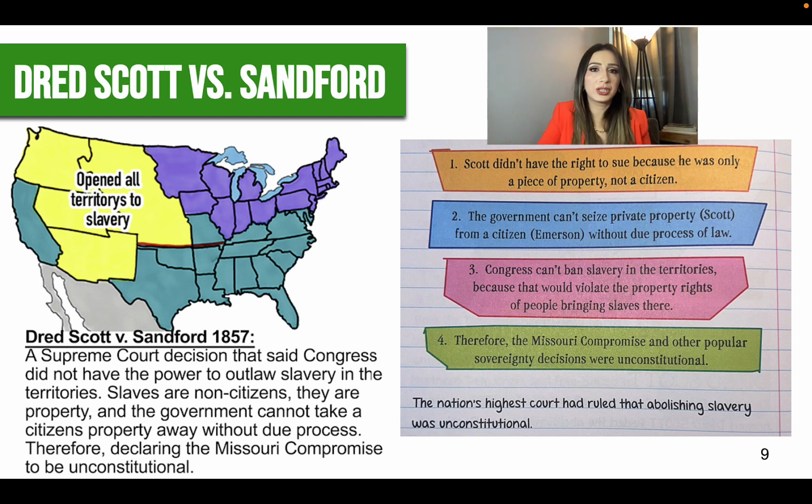Because of this court case, it basically said that abolishing slavery is unconstitutional. Can you imagine the outrage that Northerners and abolitionists had because of this Supreme Court case, which just increases that tension between the North and the South?